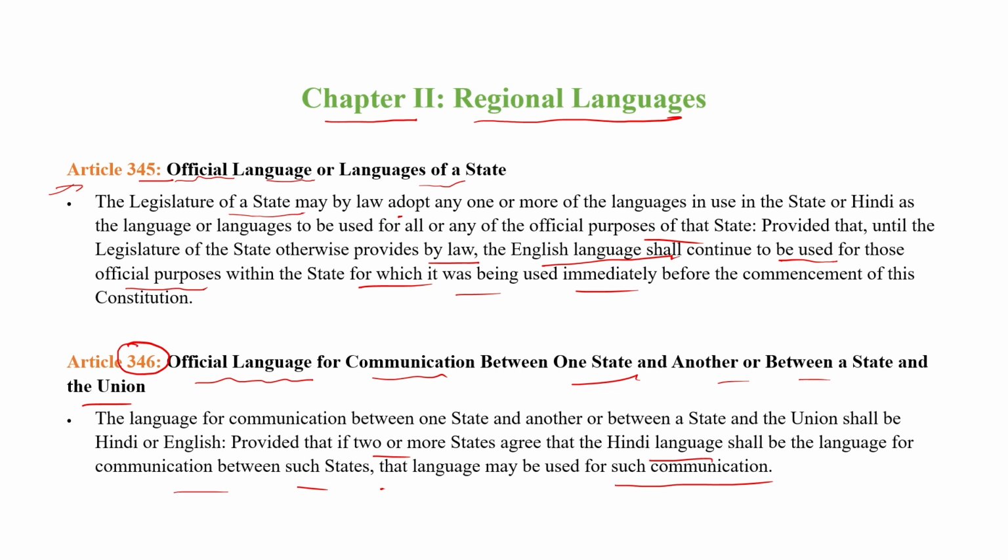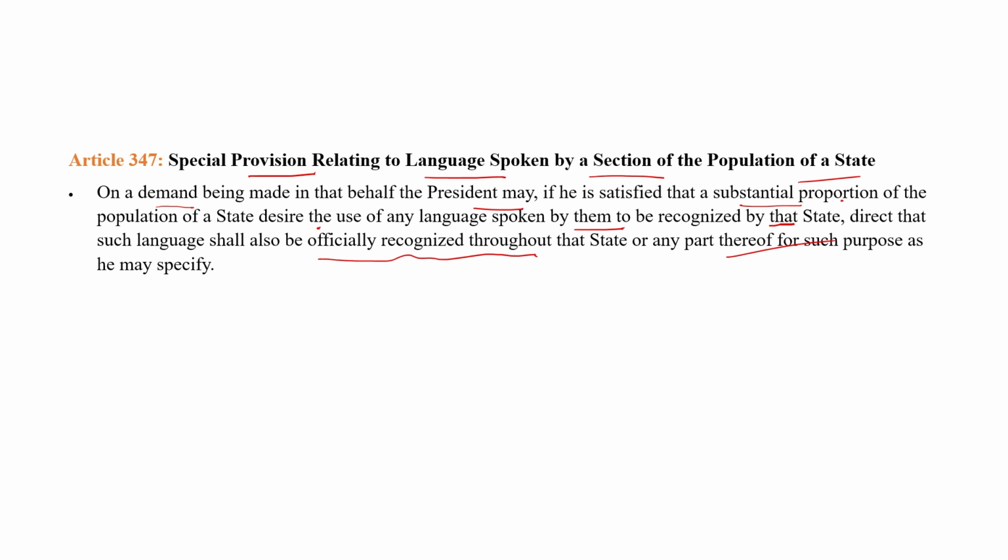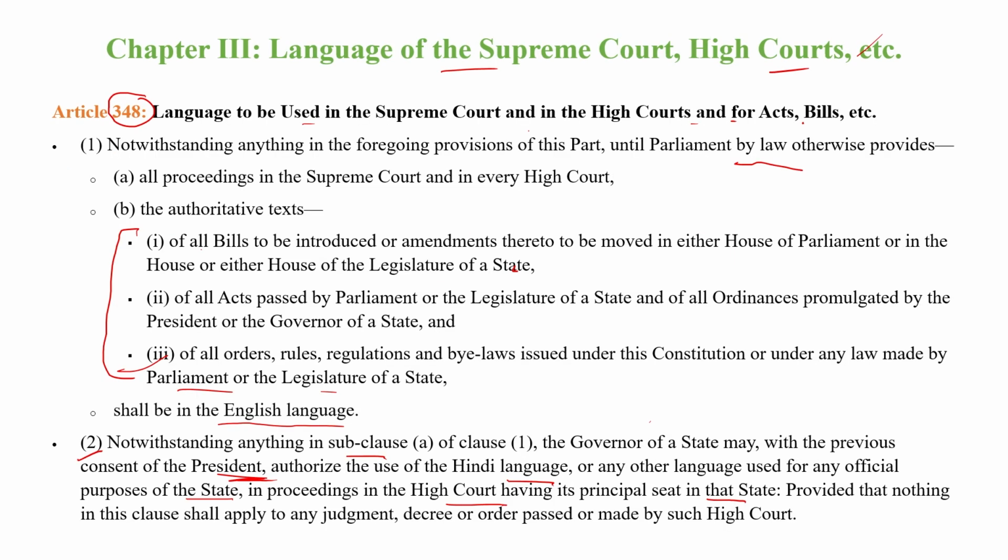Article 345, official languages of the state: Hindi and English, and any other language can become the state official language. Article 346, official language for communication between one state and another state. Article 347, special provisions related to language spoken by a section of the population of a state.